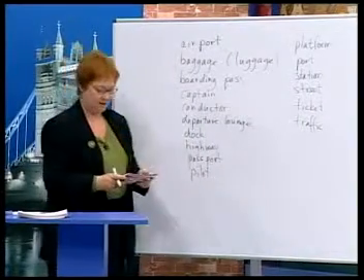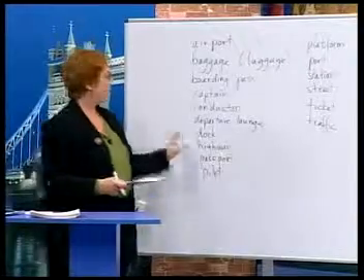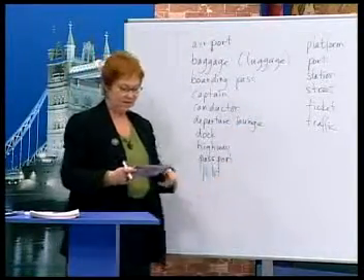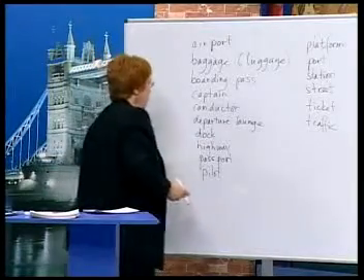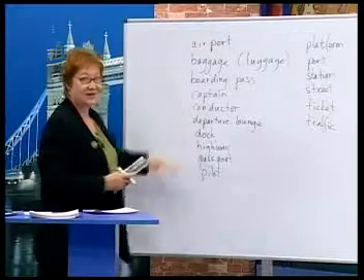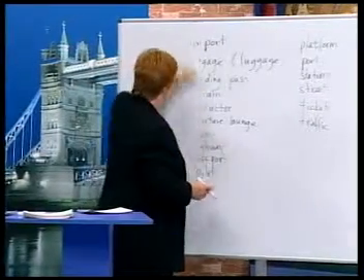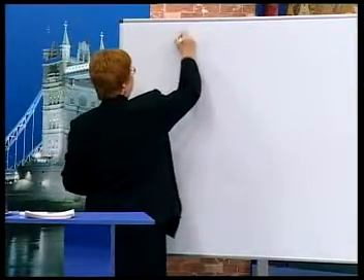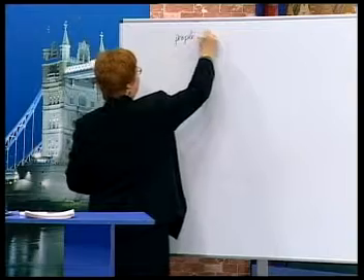Okay? Now, we're going to put these words into categories, into groups. Notice these are A, B, C, D. These are in alphabetical order. Now, we're going to put them into logical groups. And we'll start with people in charge.